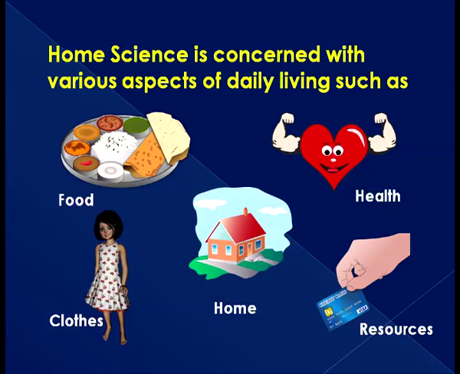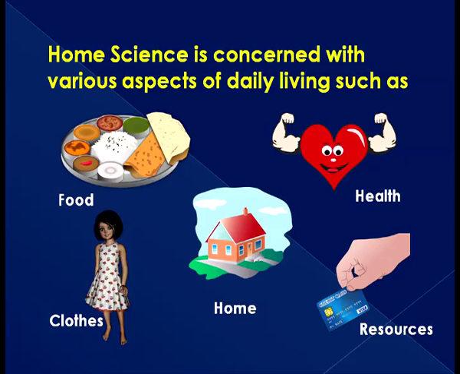And in health, what are the dimensions, how we can protect the health from the bad environment, how we protect the health through the good kind of food, nutrition. And we also learn about the various kinds of resources, including money, time, skill, human and non-human resources. And when we study all of these things, then we make a home.